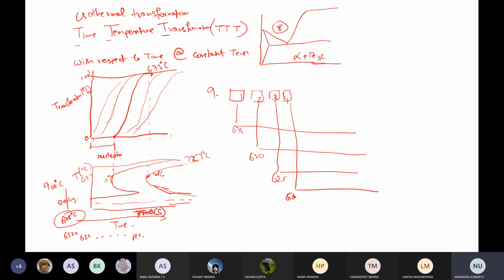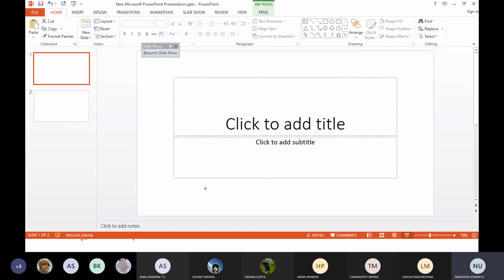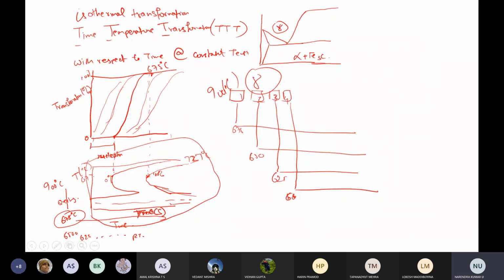For sure, everything is at 900 degrees Celsius and austenite phase. So at last you end up with this curve which is of importance to us. So why is it important? Because of the different phases you get at different temperatures.